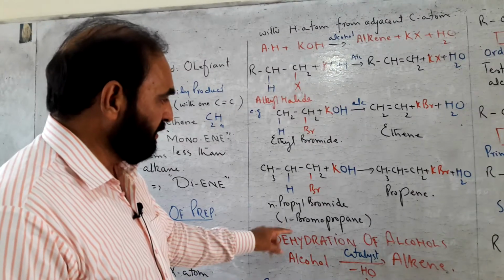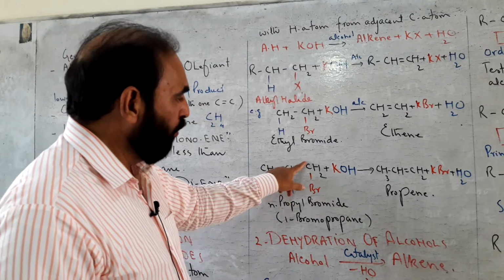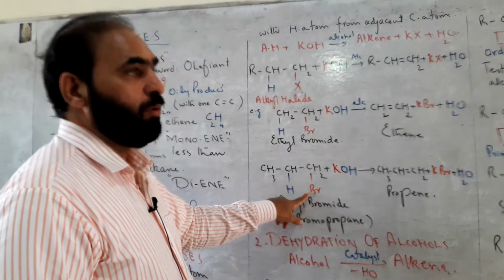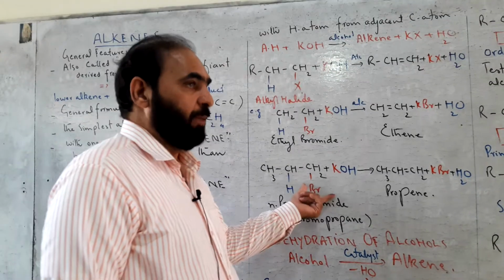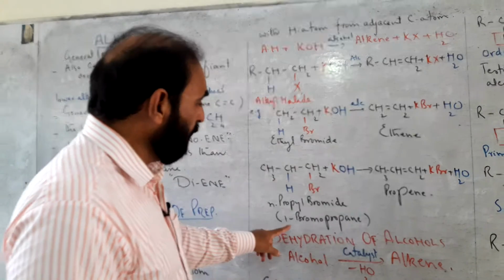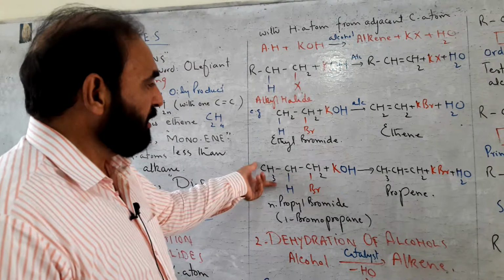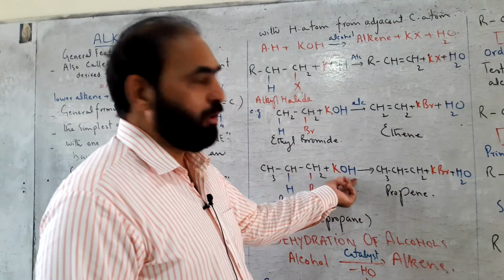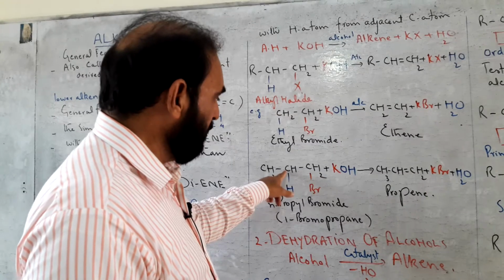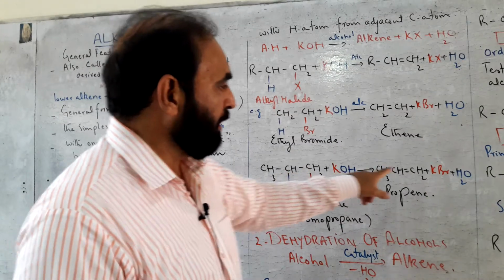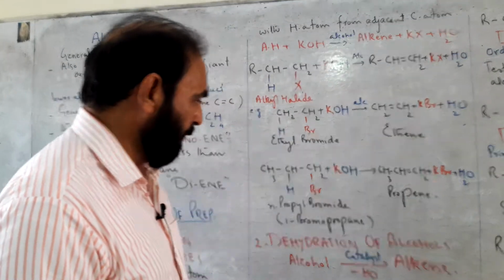In the IUPAC system, n-propyl bromide can also be given the name 1-bromopropane. The bromo group is a functional group which is treated as a substituent. Three carbons in the chain are treated with potassium hydroxide in alcoholic medium. After dehydrohalogenation, the C-C single bond becomes a C=C double bond, and propene is the product.